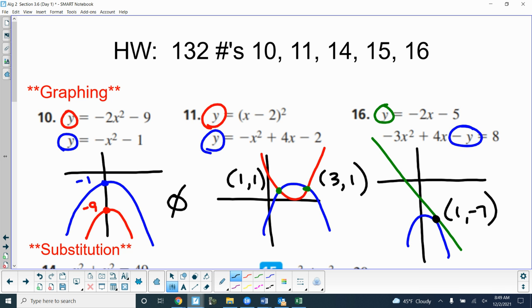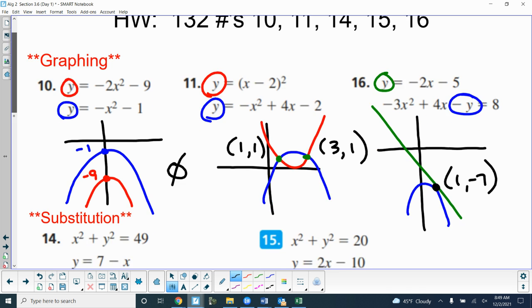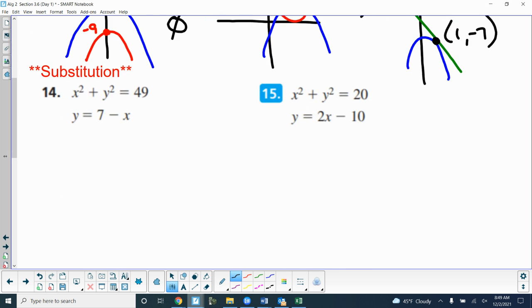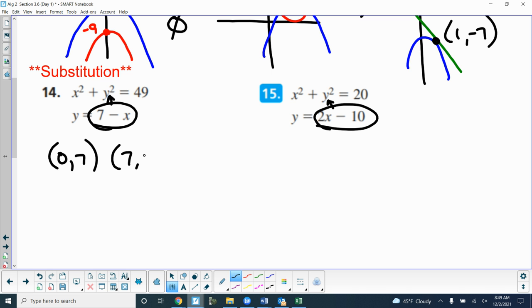So that's all calculator stuff. You guys got questions with your calculator? Okay, 14 and 15, you were supposed to use the substitution. You're taking this and putting it there. You're taking this one and putting it there. When you're done with 14, you've got 2 answers, 0, 7 and 7, 0.